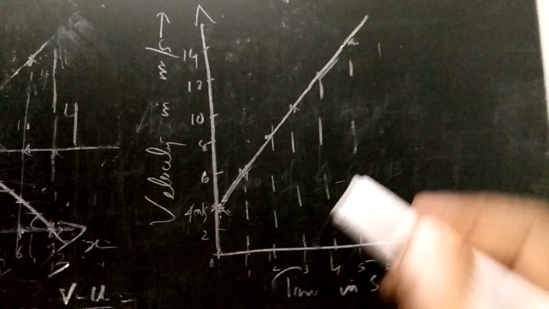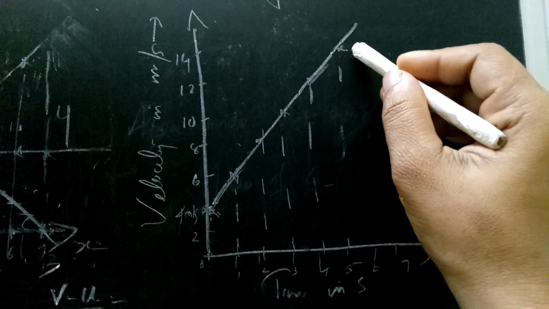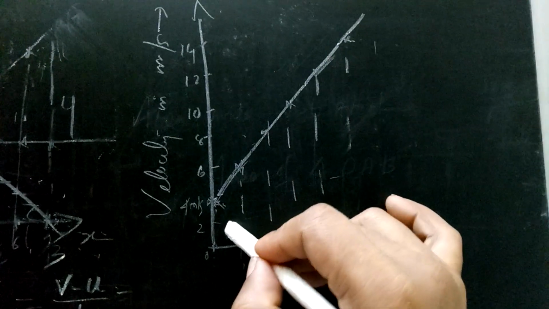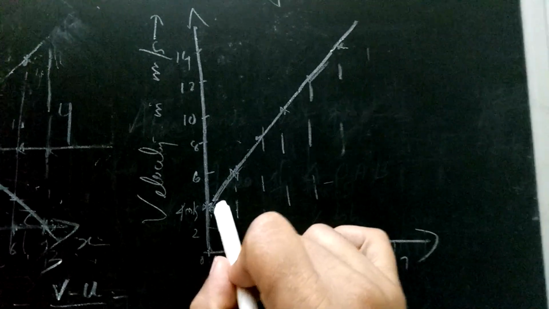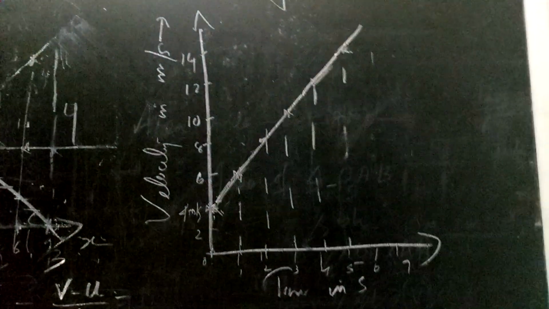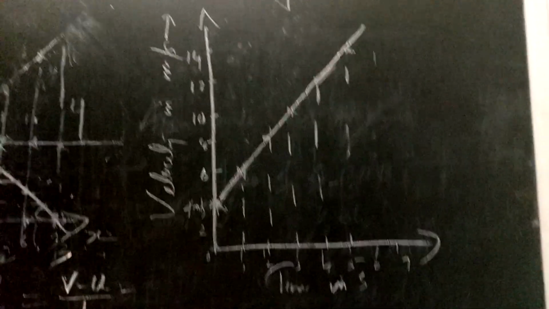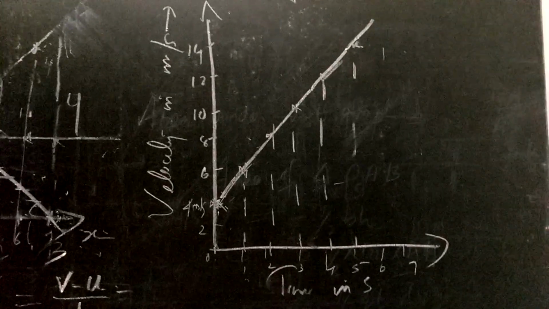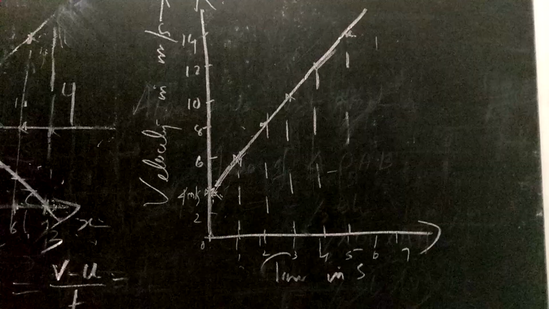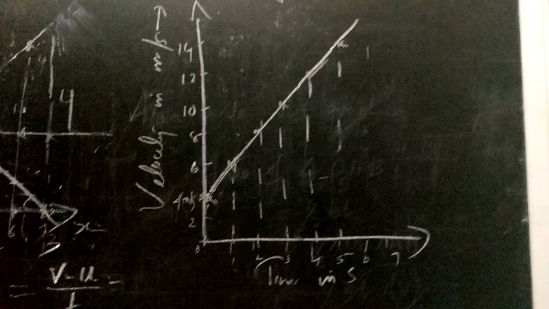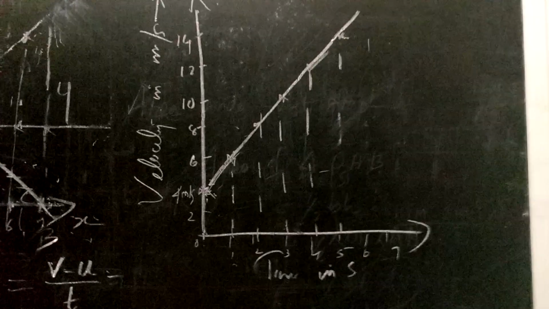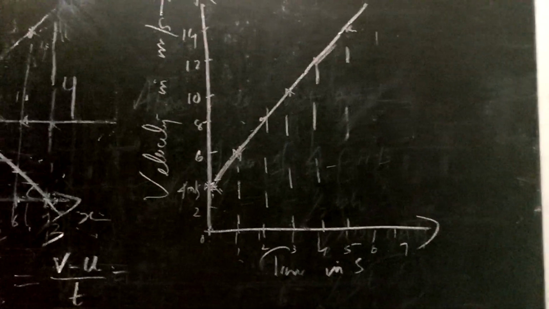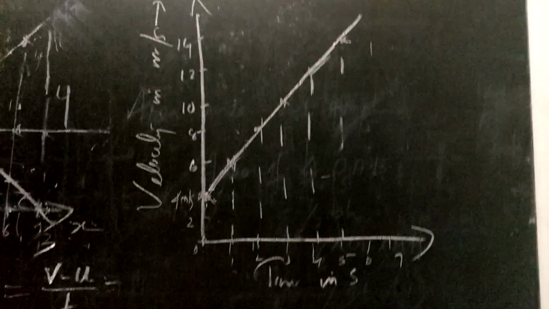It is a velocity time graph for non-uniform motion which is initially not at rest, but its velocity increases uniformly. It is a straight line with a constant slope but not passing through the origin. Here also, when you calculate the slope, you will get acceleration which is uniform and positive. And when you find the area under the velocity time graph, you will get the displacement.